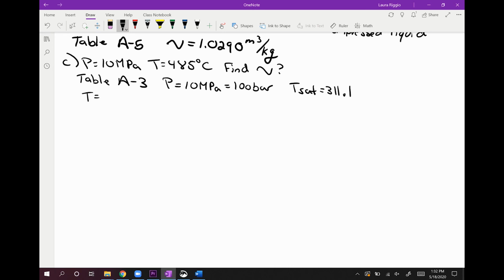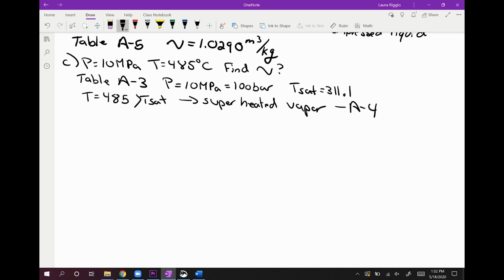So my temperature, which again is 485, is greater than my saturation temperature. This means that I am a superheated vapor.